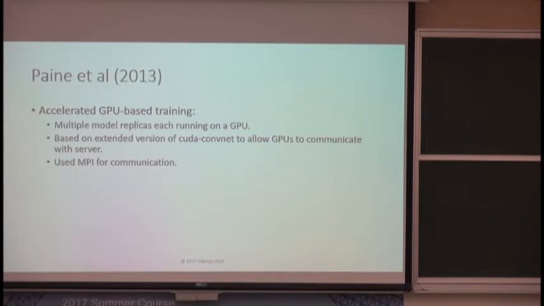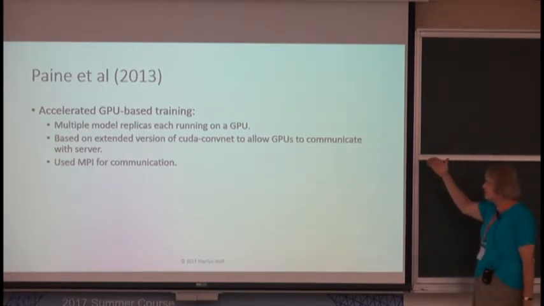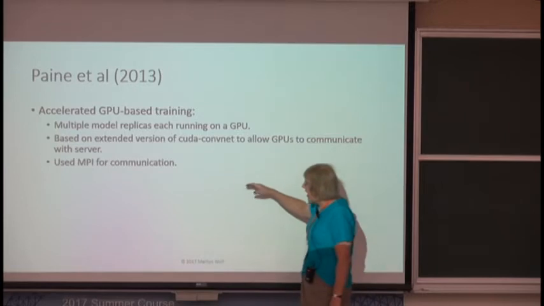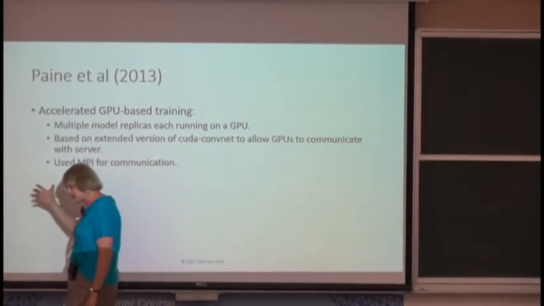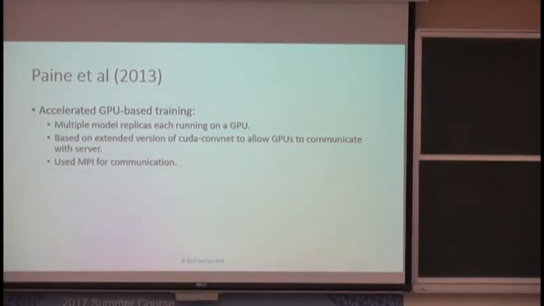Okay, and so there's another paper out there that looked at accelerated training on GPUs, and I think the takeaway relative to these other papers is that they needed to have the GPUs communicate with the server and, you know, indirectly with each other.